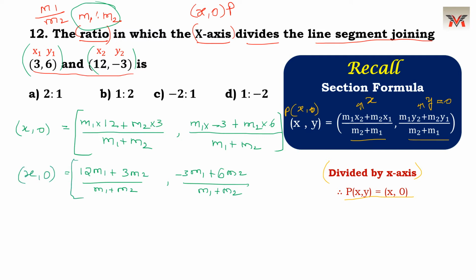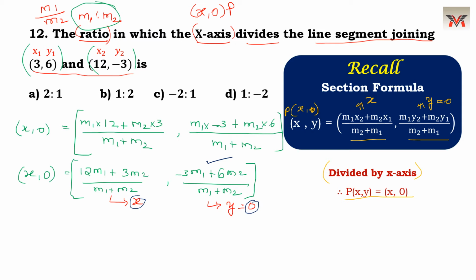As I already told you, the first gives the x coordinate and the second gives the y coordinate, which is equal to 0 in this problem. So how can you proceed? We have the unknown x, and we have to find the ratio m1 and m2. Since we have the unknown x as well as m1, m2 in the x coordinate, we are not going to consider that one. Let us consider the second part, because here we know the y value is 0. Let us use this to find the value of m1 and m2.